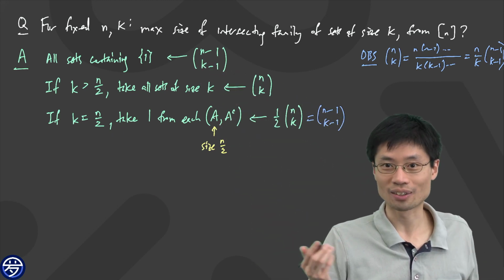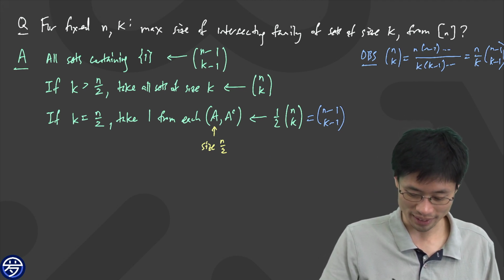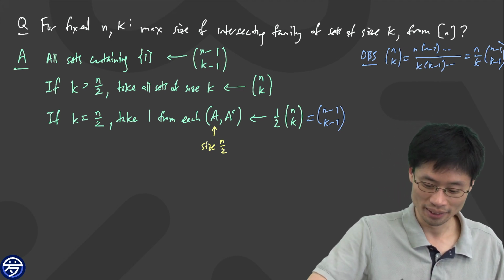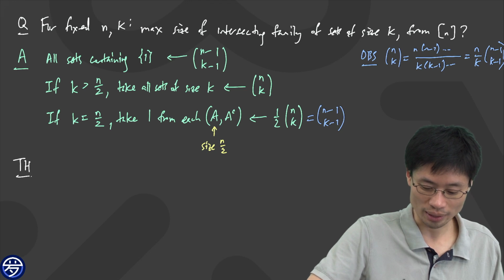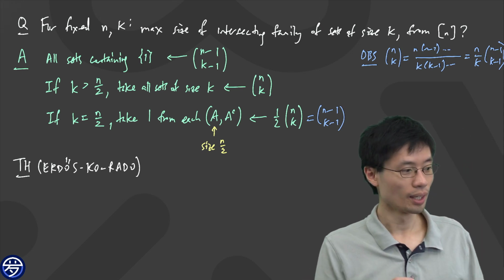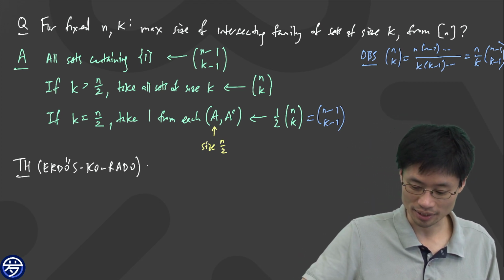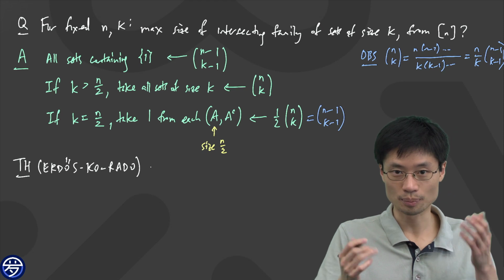So that means we now are equipped to state the next theorem, and we'll prove the next theorem, and it'll all fit today, and that will finish this topic. So there's a theorem, the Erdős-Ko-Rado theorem. What the Erdős-Ko-Rado theorem says is that, in fact, the maximum size of the intersecting family depends on these parameters.